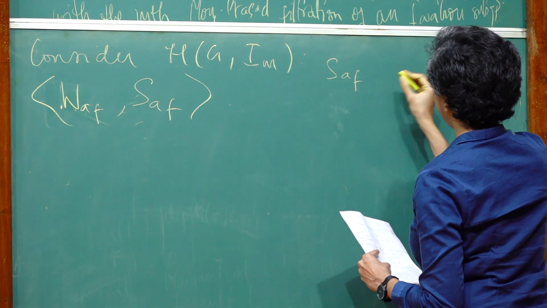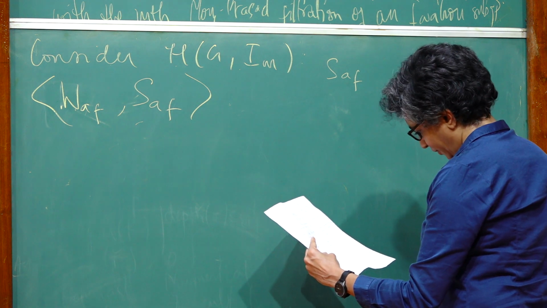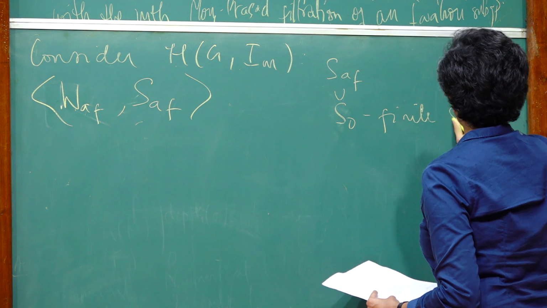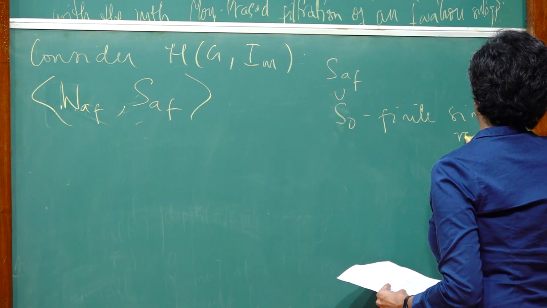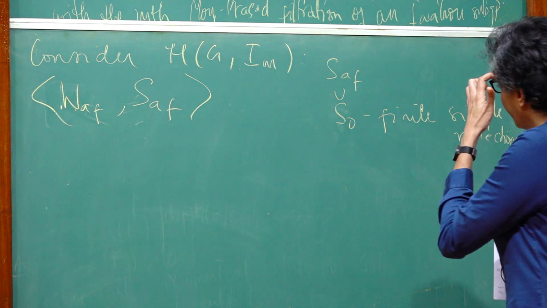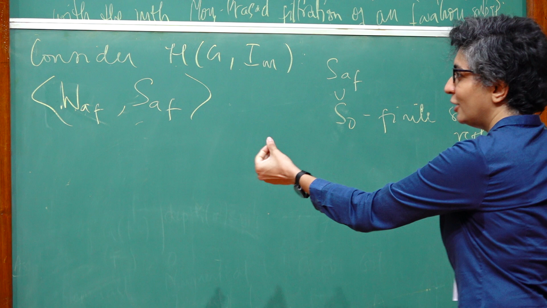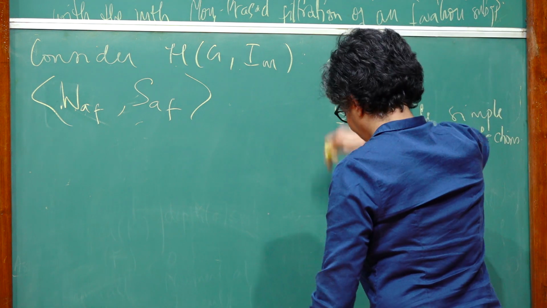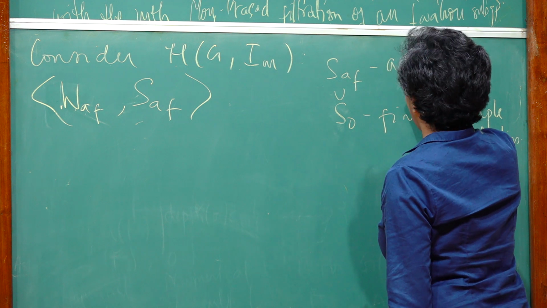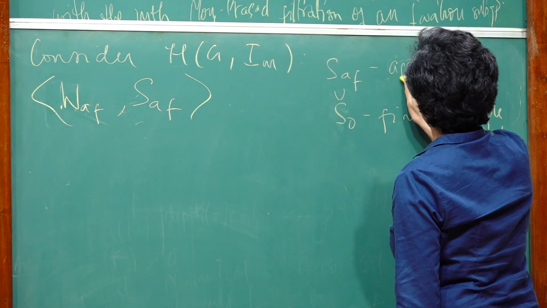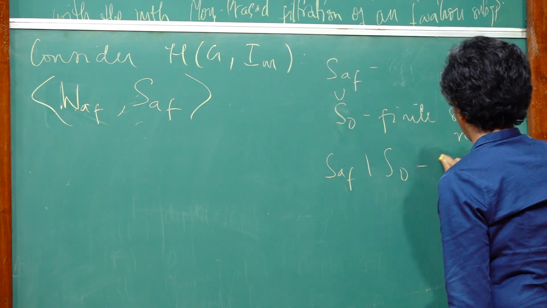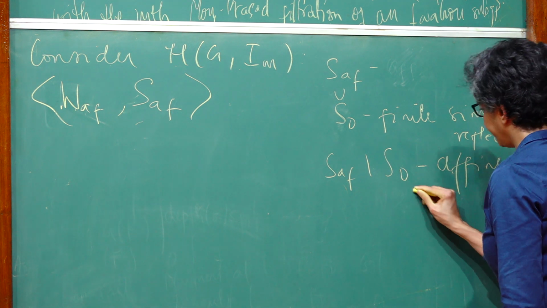S0 consists of the finite simple reflections. I have made a choice of a base point, and these are the affine simple reflections. And then I can look at S affine minus S0. This consists of affine simple reflections.